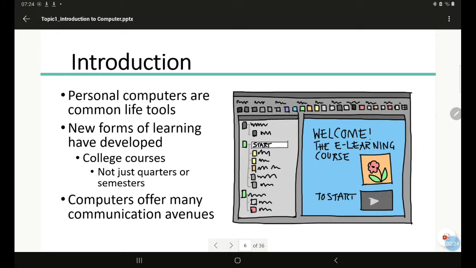Personal computers are common life tools. It's a new form of learning which has developed college courses. Computers also offer many communication avenues, meaning that we don't just use computers to do our tasks, but to communicate and make video conferences. Instead of using telephones to make calls, we can use computers to communicate and even to share messages through instant messaging, social media and so on.